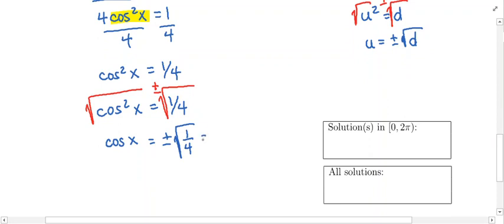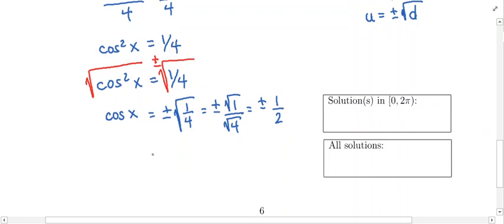This is plus or minus the square root of a fraction, so you can break it up into the square root of the top over the square root of the bottom. So this is really plus or minus 1/2. Square root of 1 is 1, square root of 4 is 2. So that tells us that the cosine of x is plus or minus 1/2.